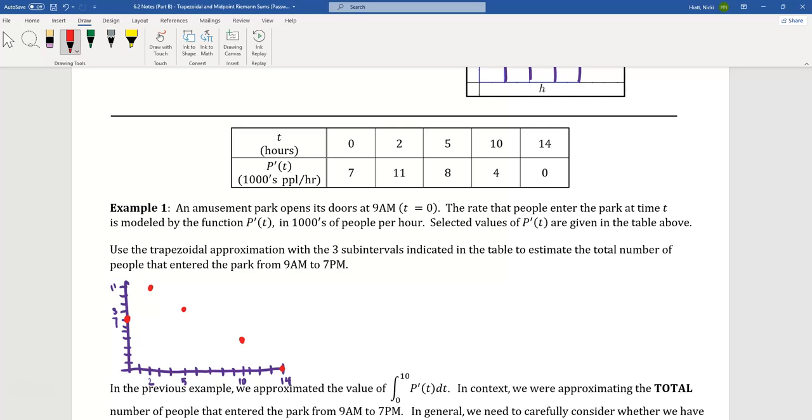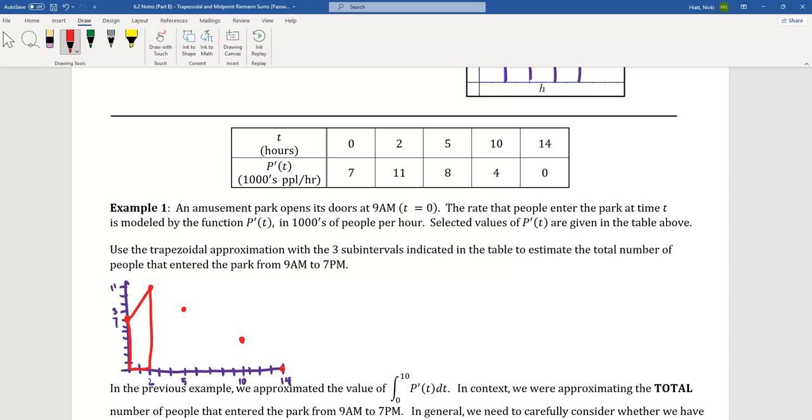So this first trapezoid that we would draw in right here would be right here, right? So whenever we look at our trapezoid, the bases have to be the parallel sides.